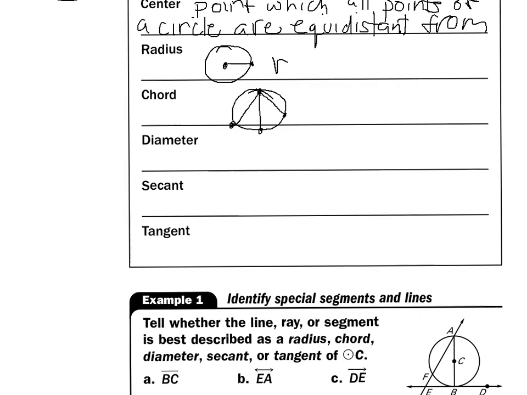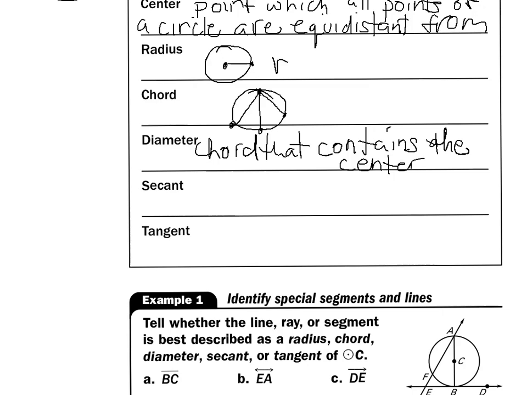Now, a diameter is a chord that contains the center. A secant is like a chord, except it's a line.